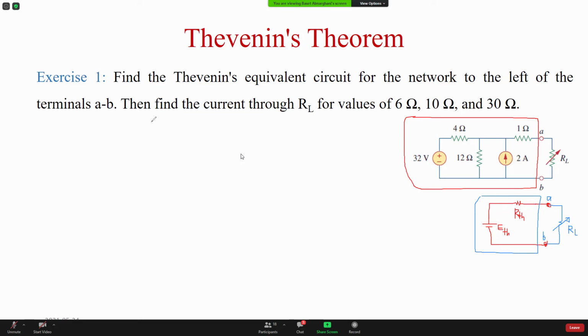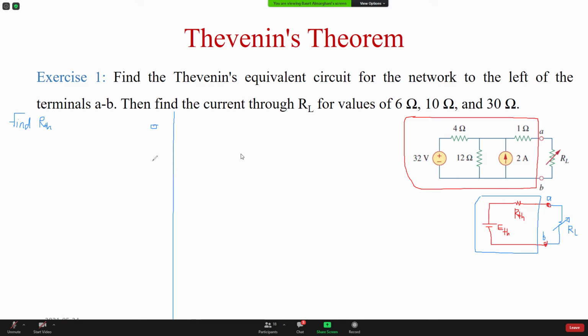Now, first thing I'm going to try to find is R Thevenin. So when we find R Thevenin, what do we do? We remove the sources because we only want to find the resistance. The voltage source, we set it to 0 by a short circuit. Current source, we set it to 0 by open circuit.